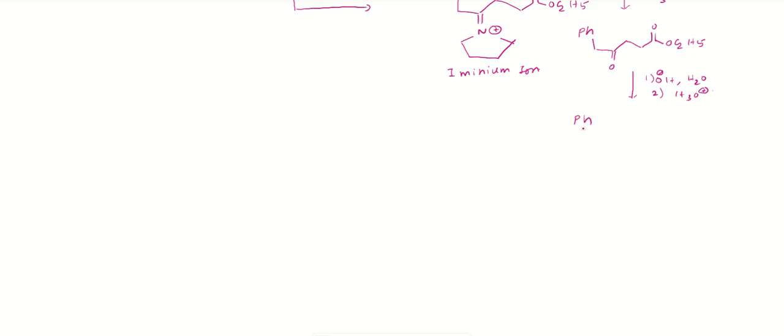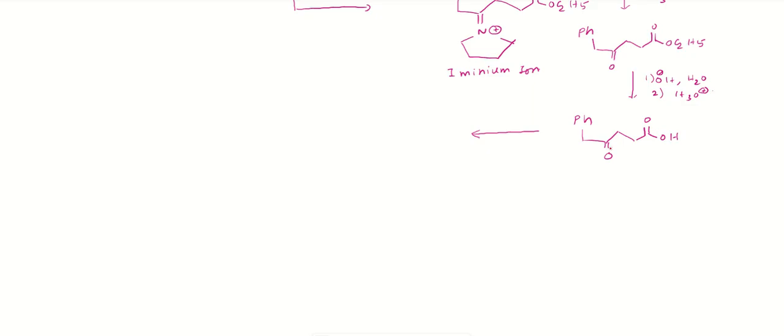So PhCH2C(=O)CH2CH2, and then this becomes C(=O)OH. This is C(=O)OH, and then this is C=O.